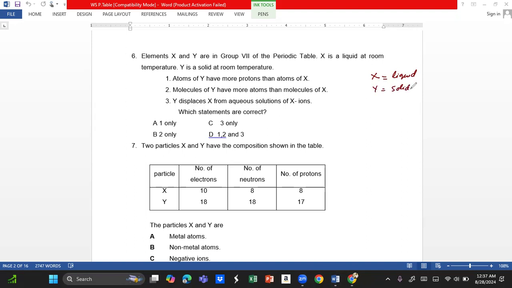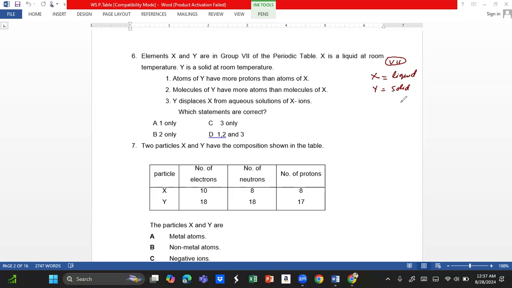If you know the properties of the group, these belong to group 7, meaning halogens. If you know the properties of group 7, this question is very easy. Students, please prepare the topic first. If your knowledge is strong, then these MCQs are not difficult for your paper.